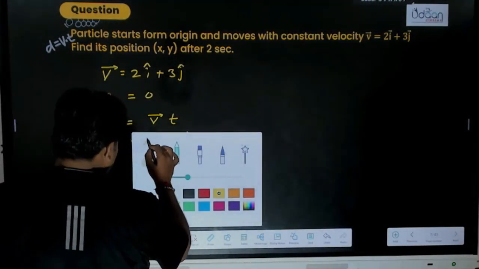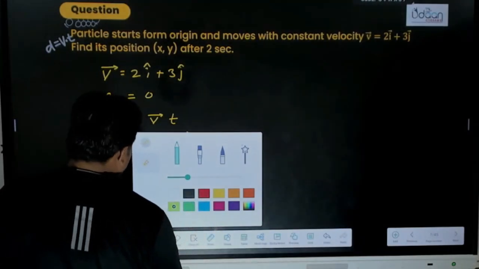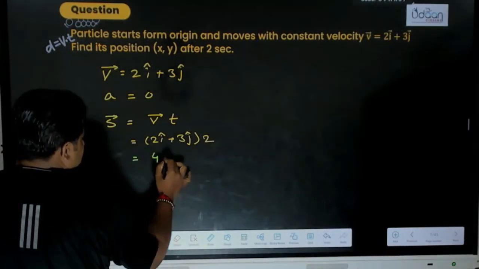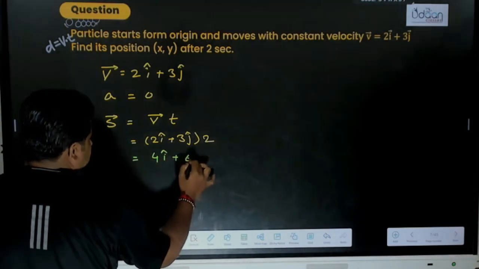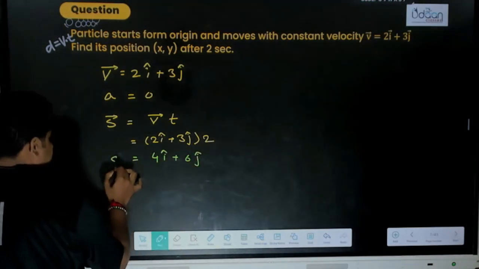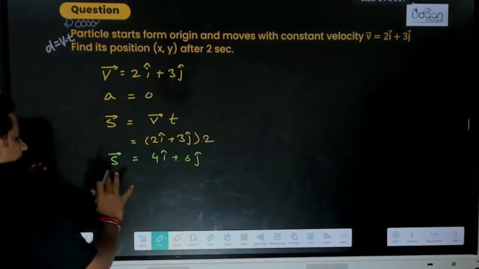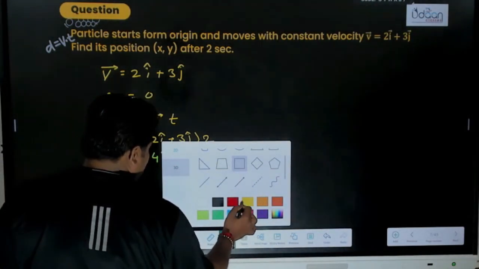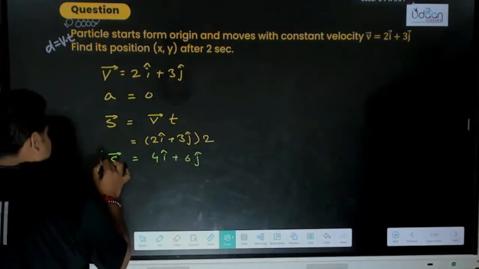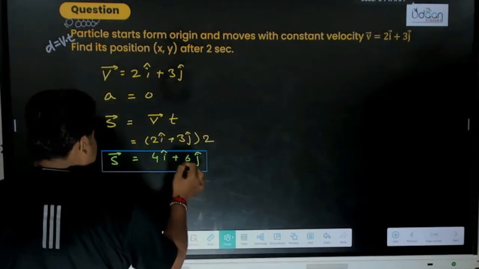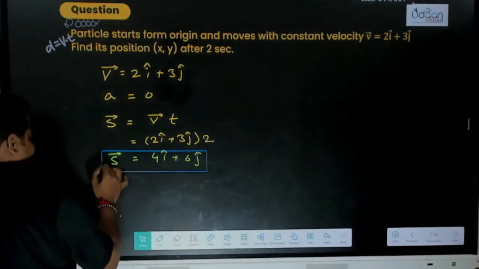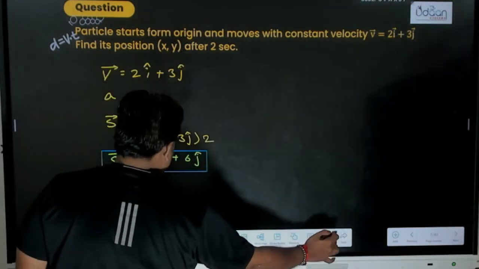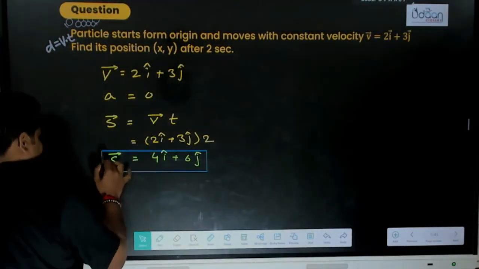Students, if I multiply it, I will find that it is 4i cap plus 6j cap. So this is the S vector. This is going to be the main equation, which is in the form of a vector. Friends, this is in the form of a vector.